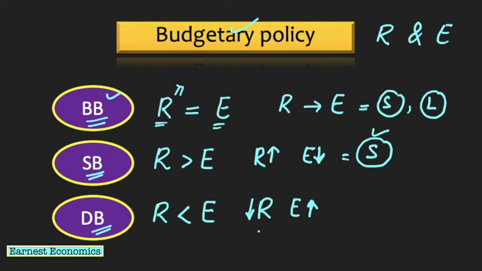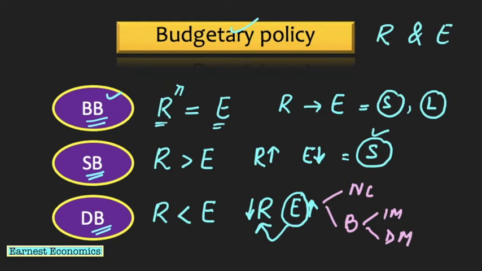A question may arise here: how is it possible that government expenditures will be more than the revenue it receives? Actually, this is possible because governments may publish new currency, or they may borrow money from the international market or domestic market.